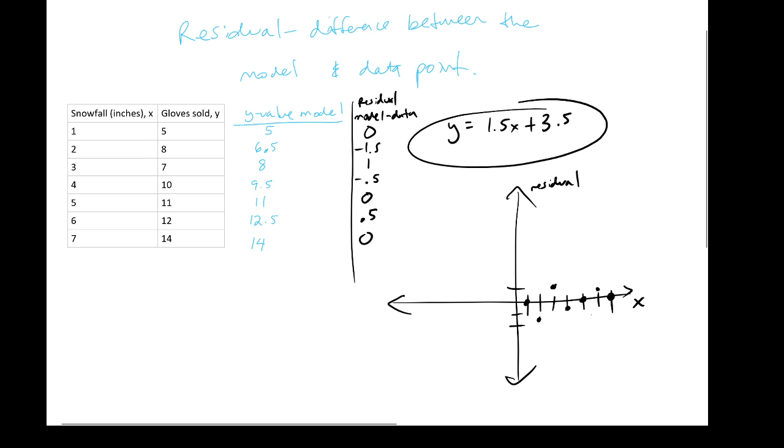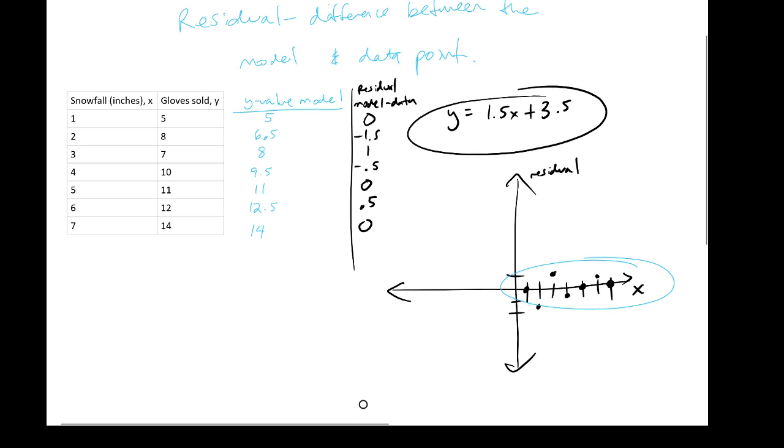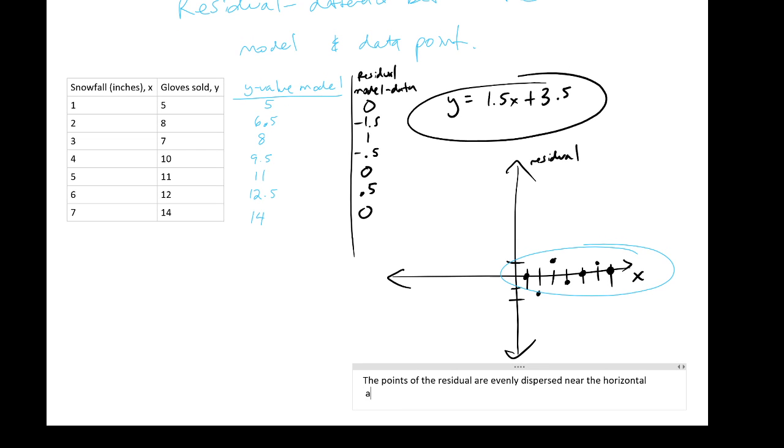Now, look at your data right here. Look at all these points, all right? These are pretty evenly dispersed, okay? The residuals are going to be evenly dispersed near the horizontal axis.